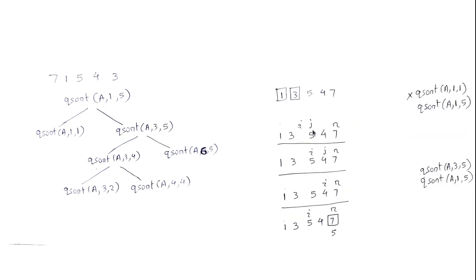But here you see, when this is called, 7 got its position, only the left subarray is created. Right subarray contains 0 elements. That's why you can see the left is A34, 3 4, only 2 elements, but right contains 0 elements.